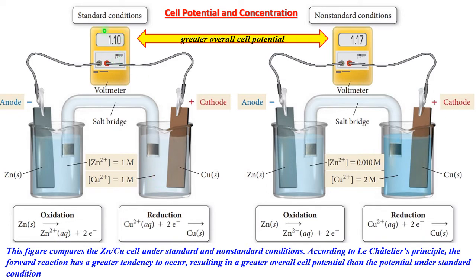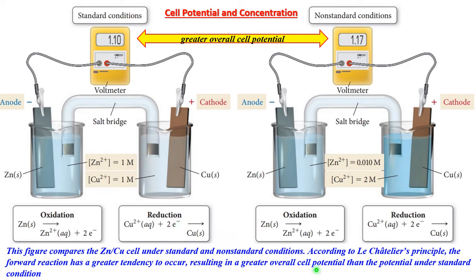Then you can measure the voltage of this standard cell. What will happen if we change conditions to non-standard? So we change the concentration of zinc 2 plus and change the concentration of Cu 2 plus. Now we can compare these two cells.